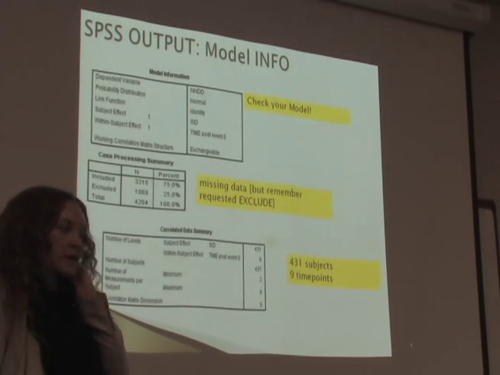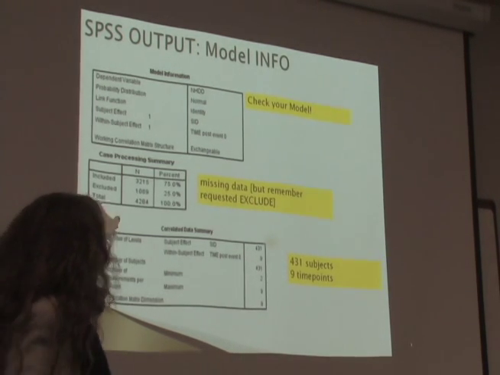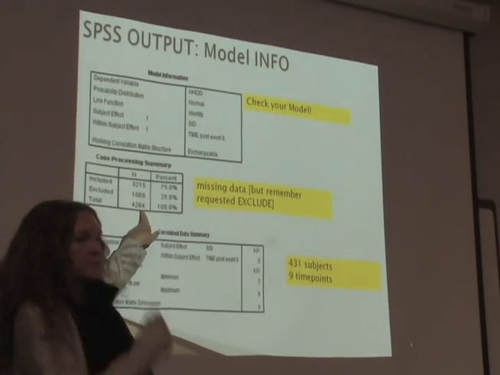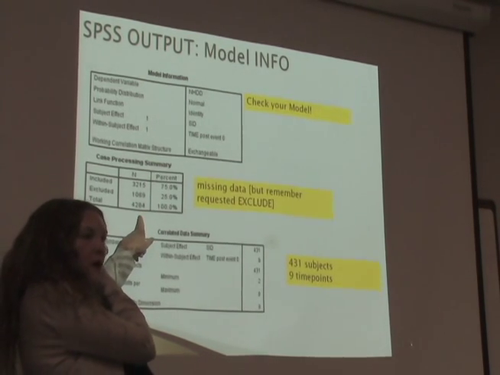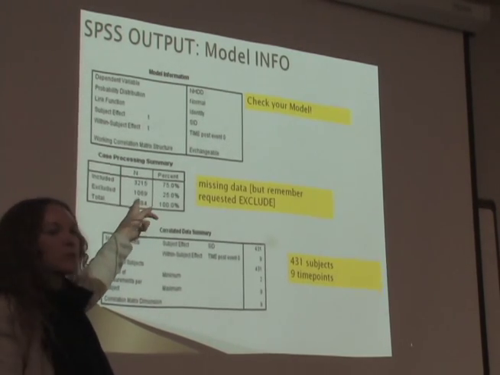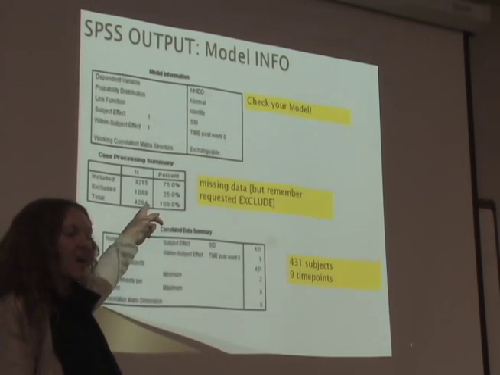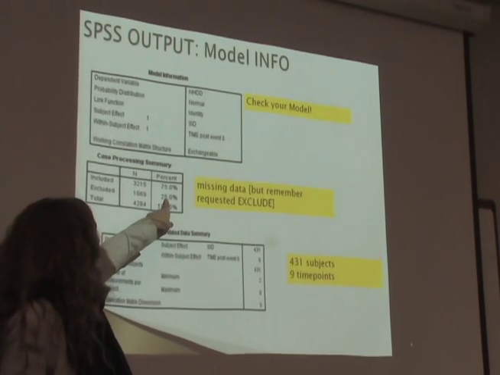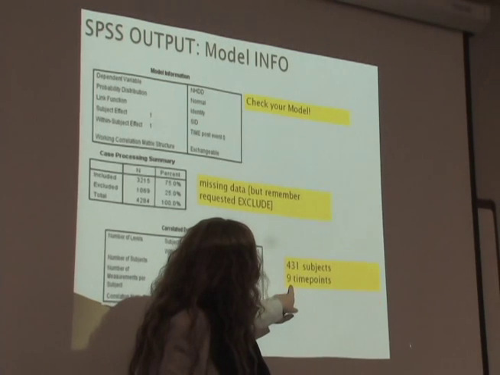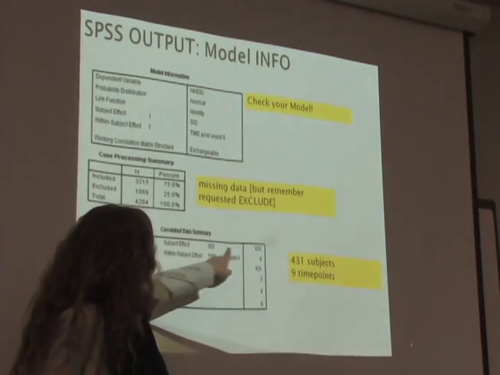Is that what you wanted it to be? Case processing summary. This is giving us the full number of observations, so it's going to be the available n by the number of time points, which in this case was 9. So you can see we do have missing data excluded. It was 431 subjects by 9 time points, and you can see that here.